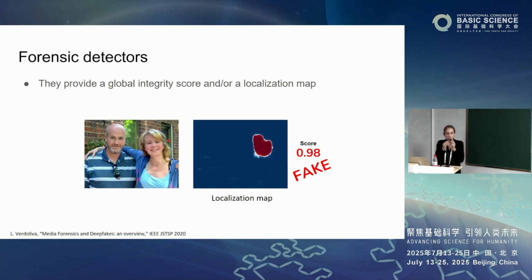So we also want a map that tells you if part of the image was manipulated. This depends on the problem, but you can have a score that tells you the image is probably fake or not, typically between 0 and 1, and then also a localization map if a local modification was applied.